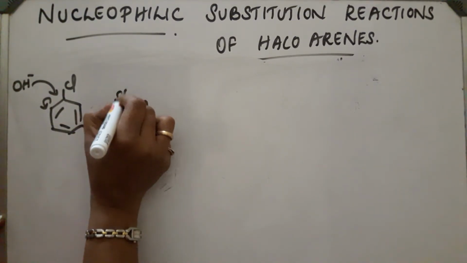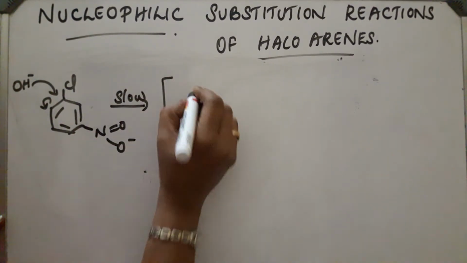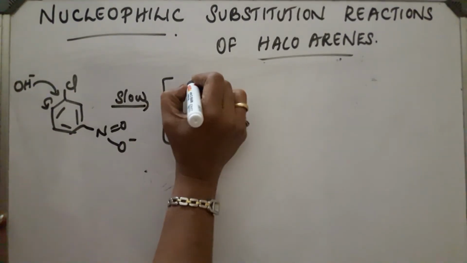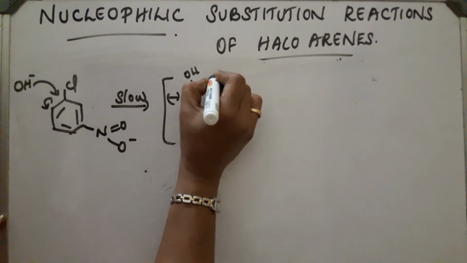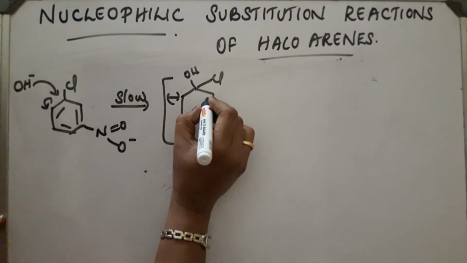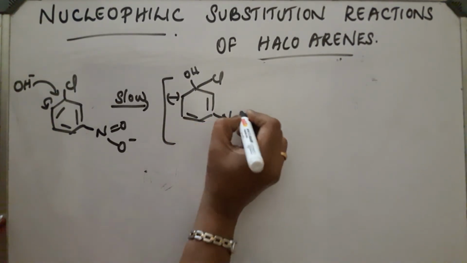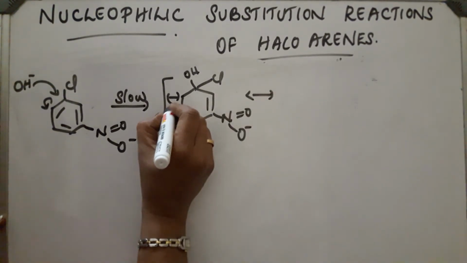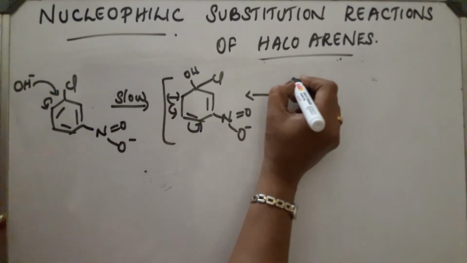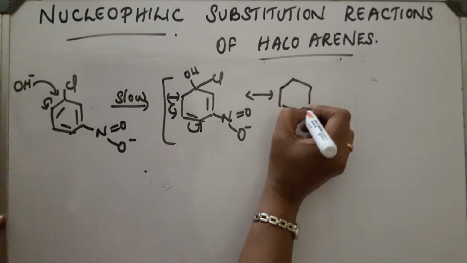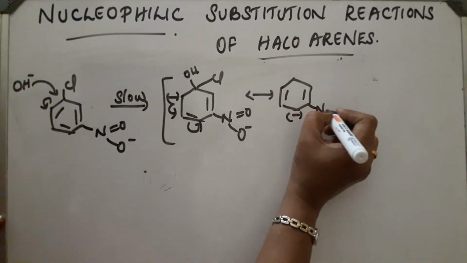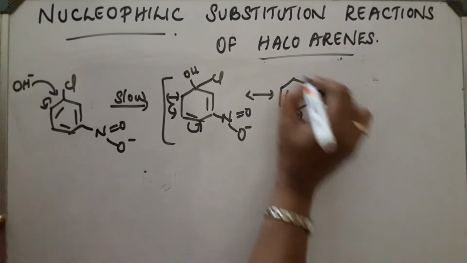These are the slower steps, the first resonating structure with a minus charge, then the next, with N double bond O minus.